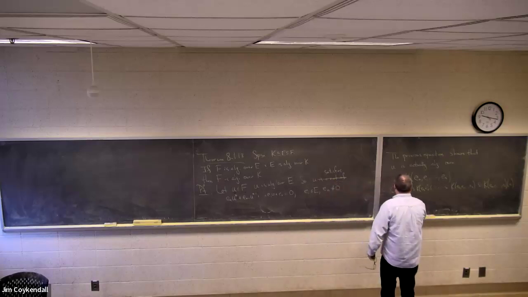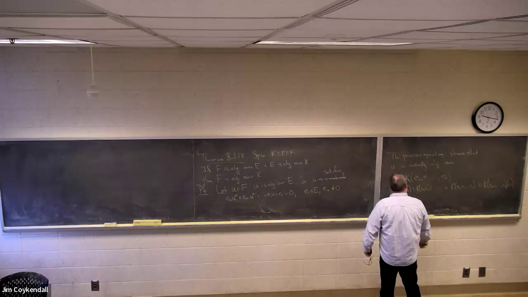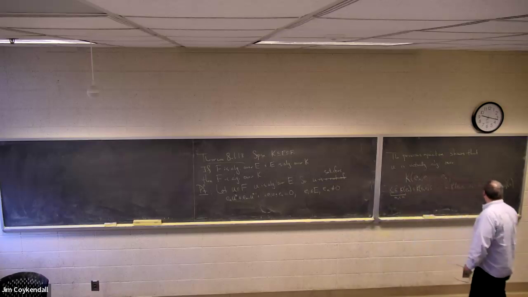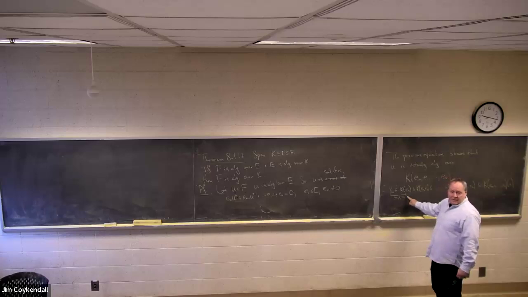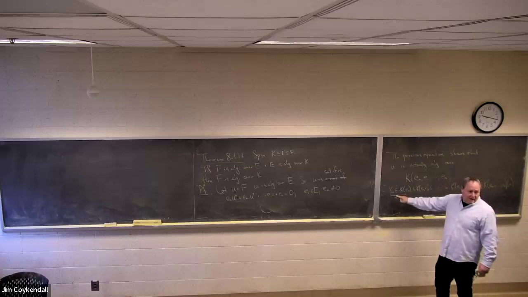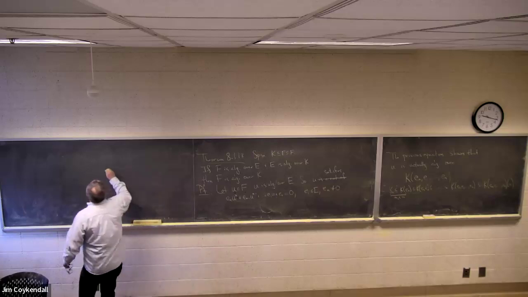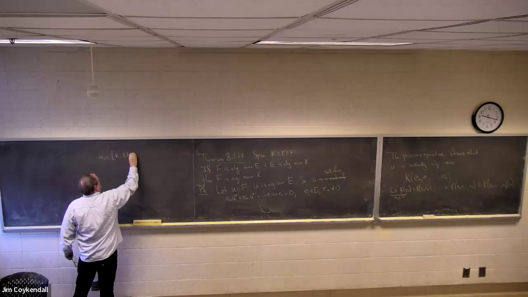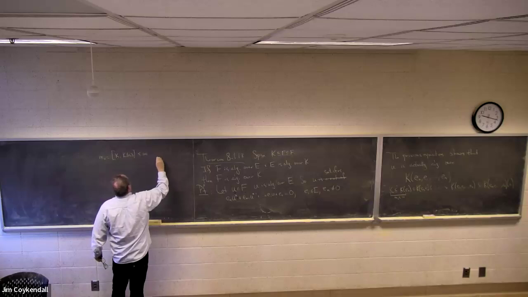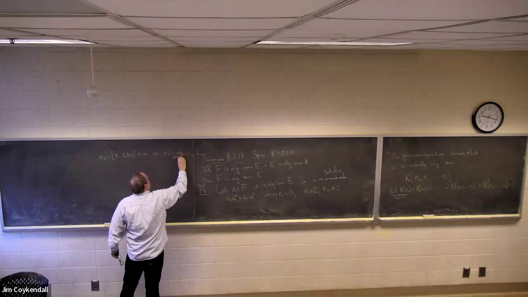So this jump is fine, because E0 is algebraic over K, right here.